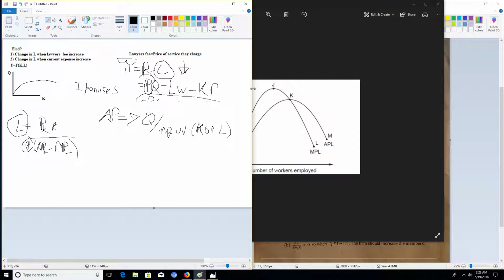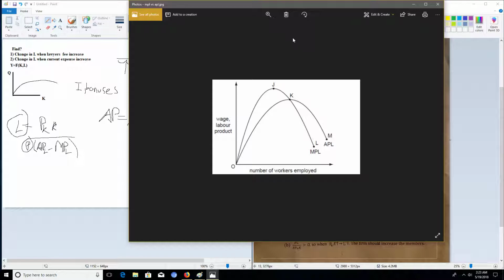So, when deciding whether or not it's worth it to hire another person, a firm will look at this. They'll look at the output per person, the average product of labor, and MPL, the change in output.